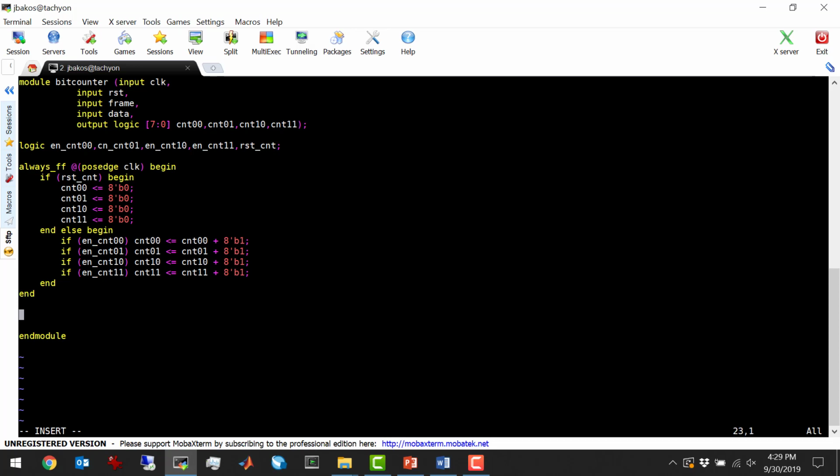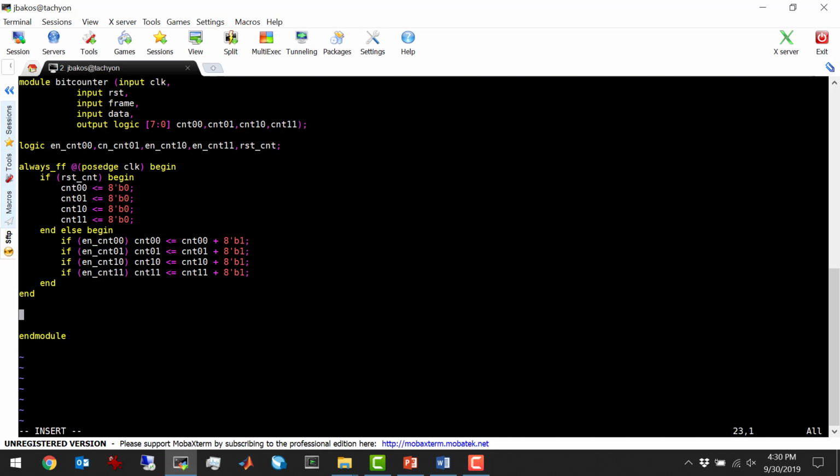So now what? Well, once I get into one of those states, I have to decide where to go next. If the frame signal is held high, then I'll have to continue looking at bits. So I'm going to go back to one of these intermediate states where I've seen an odd number of bits, right?